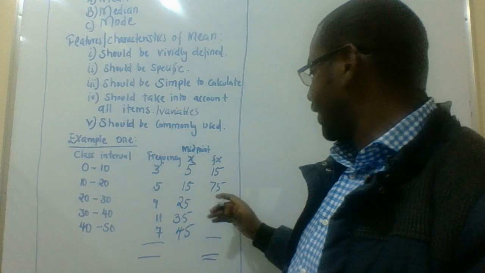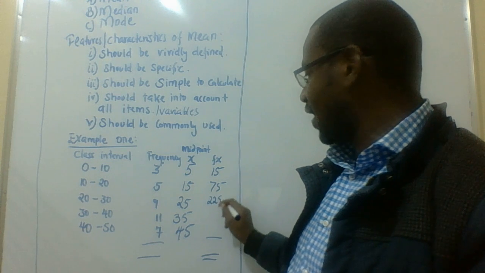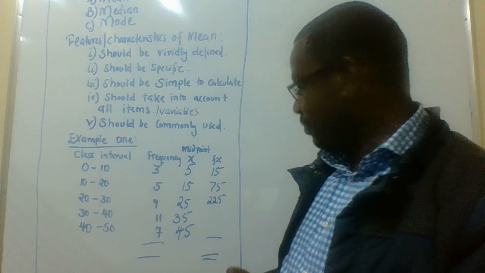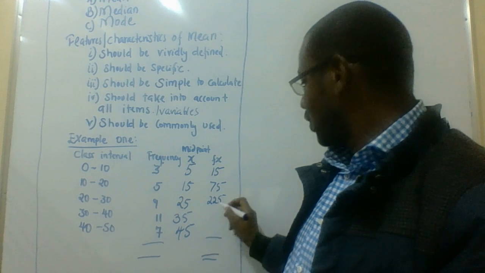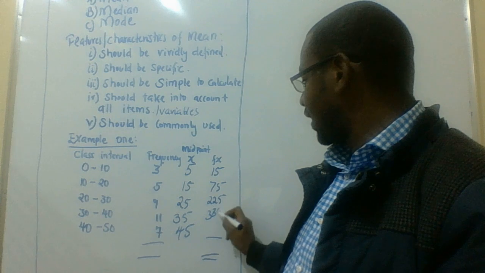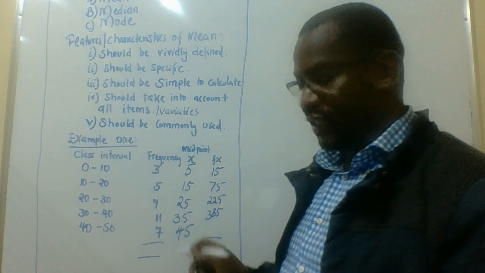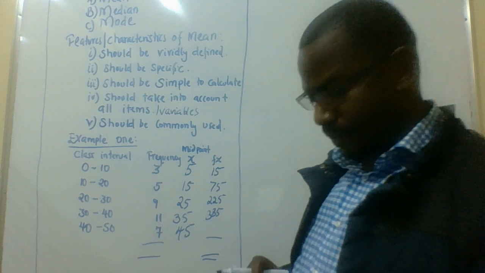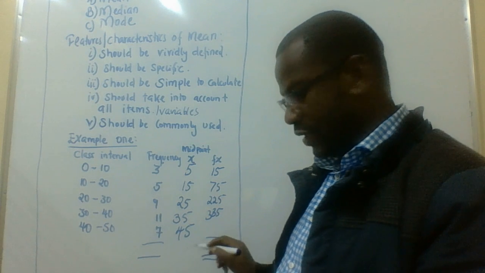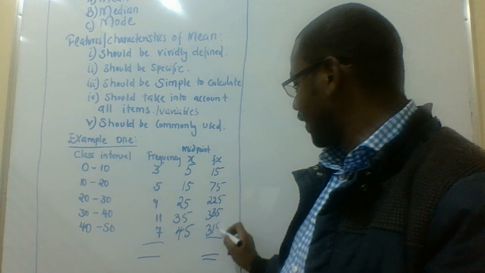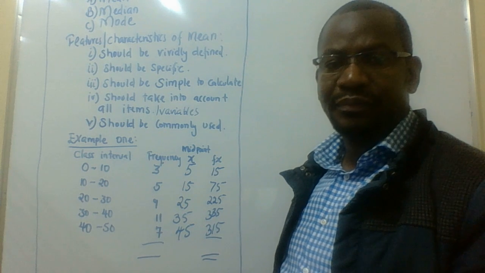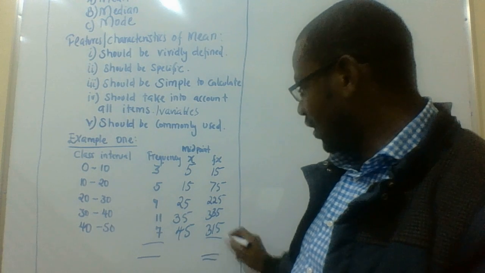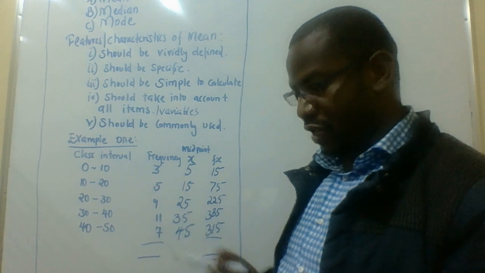So, right here, 225. And we are talking about 35 by 11, which is 385. And lastly, 7 by 45, which is 315. Add summation fx, we need summation fx and summation f.